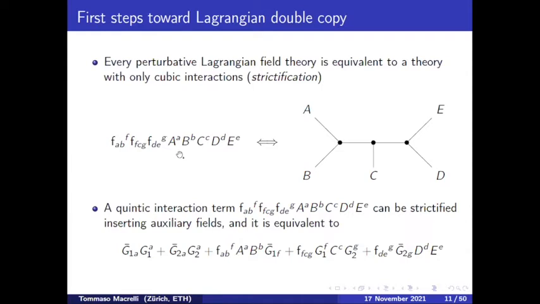Indeed, we introduce two couples of auxiliary fields to make this quintic term cubic. Indeed, when we integrate out the auxiliary fields in the last expression of this slide, what we find is that we recover precisely this quintic term.